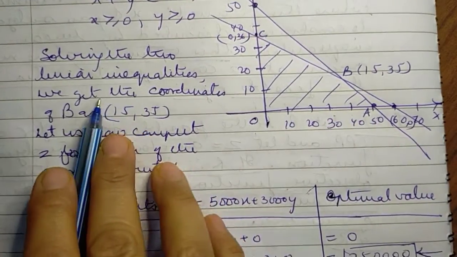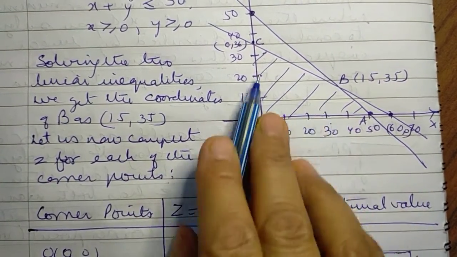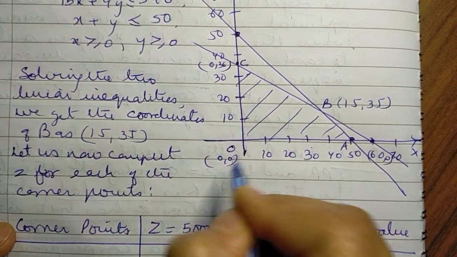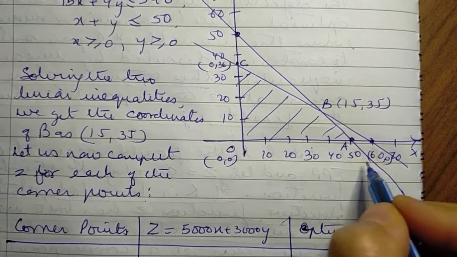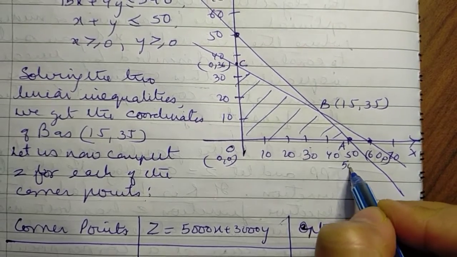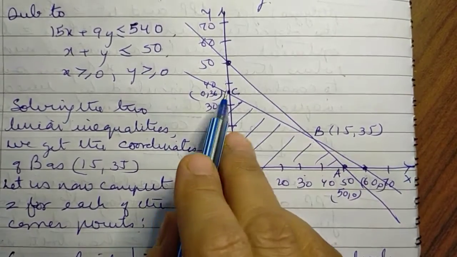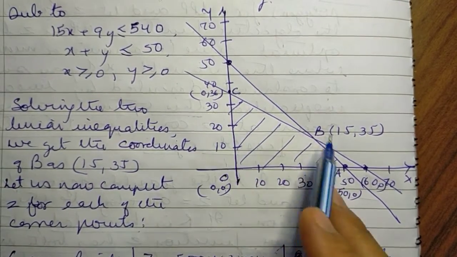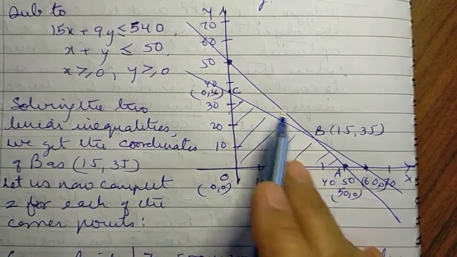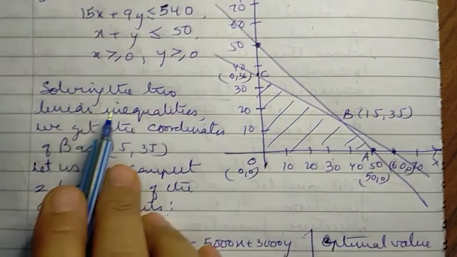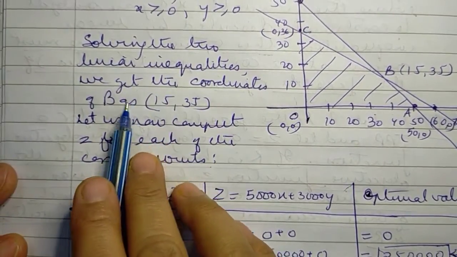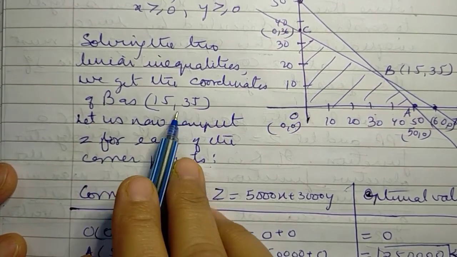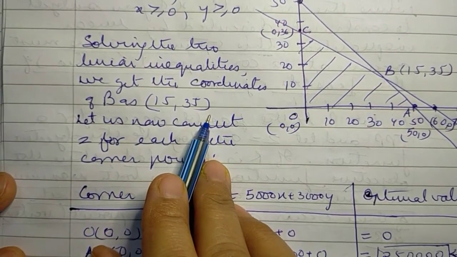Of these points, we already know that O is the origin, which is (0, 0), A is (50, 0), and C is (0, 36), whereas B we cannot find directly, so we will solve the two linear equations and get the coordinates of B as (15, 35).